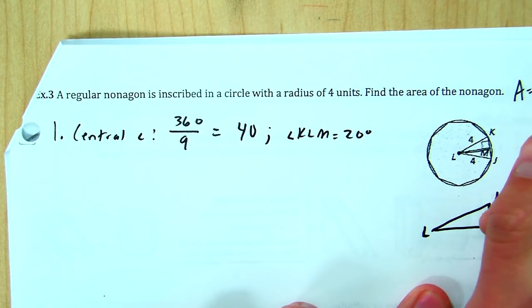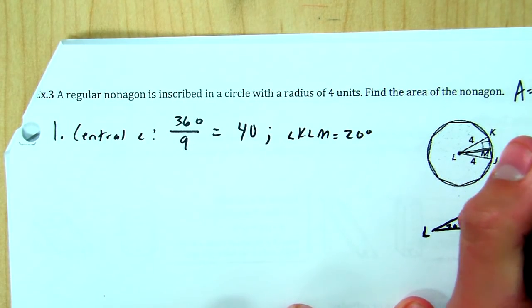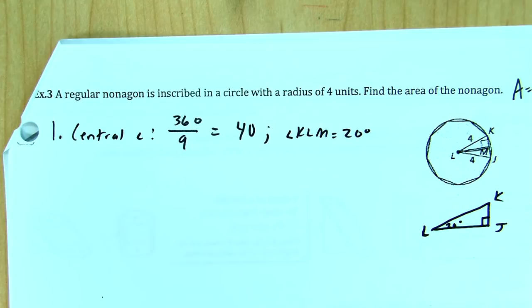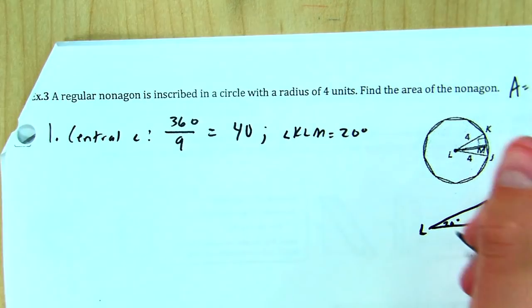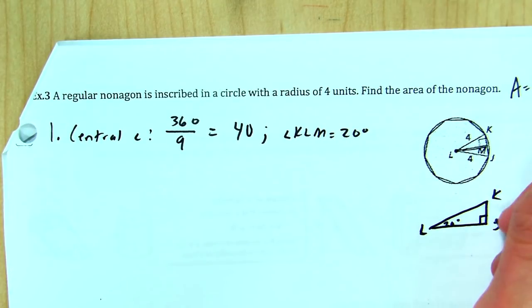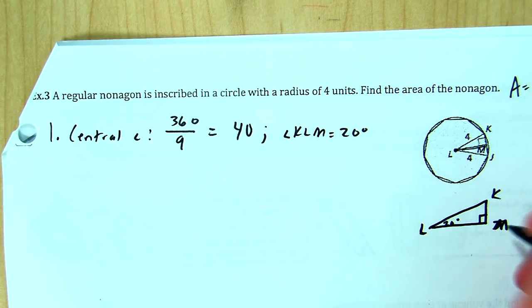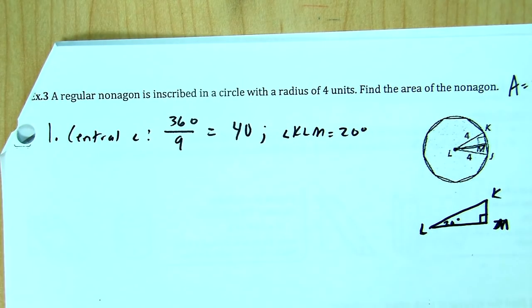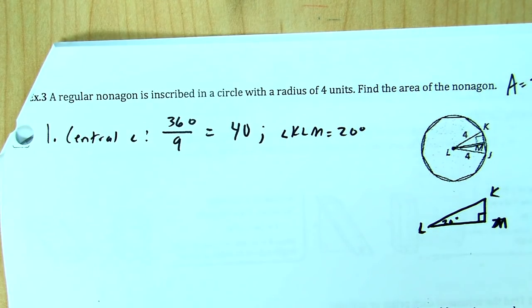I know that this is 90, and I figured out that this is 20 degrees right there. This length right here, oh, excuse me, this is an M, sorry. That's M right there. I'm copying just this smaller triangle.